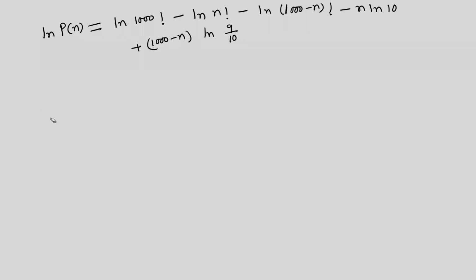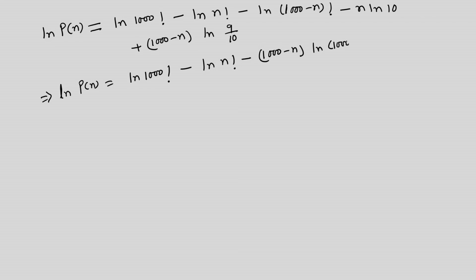If we further simplify, we get ln Pn equals to ln 1000 factorial minus ln n factorial minus 1000 minus n ln 1000 minus n, and ln n factorial we can further simplify like n ln n plus n, and then we have plus 1000 minus n minus n ln 10 plus 1000 minus n times ln 9 by 10.